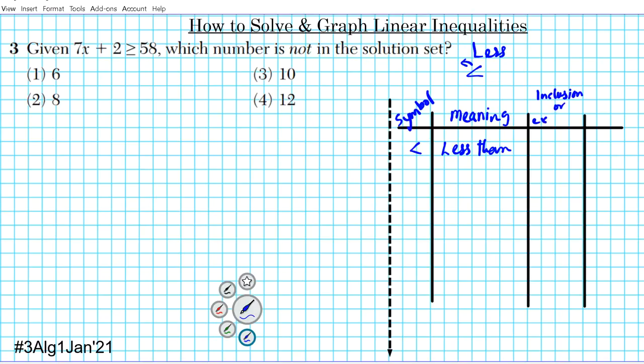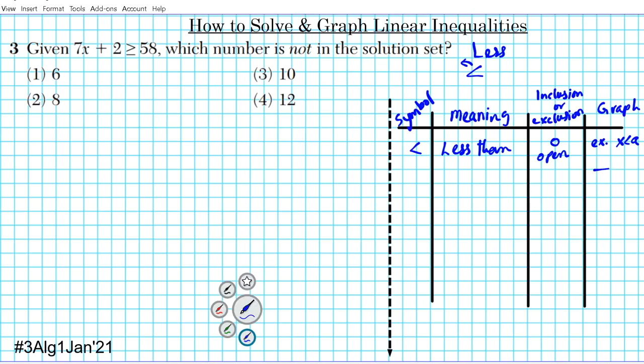Is the value associated with this inequality included or excluded? If you just have less than, it's an open circle, which means that particular point is not included. What does that look like? Let's say we have x < a.